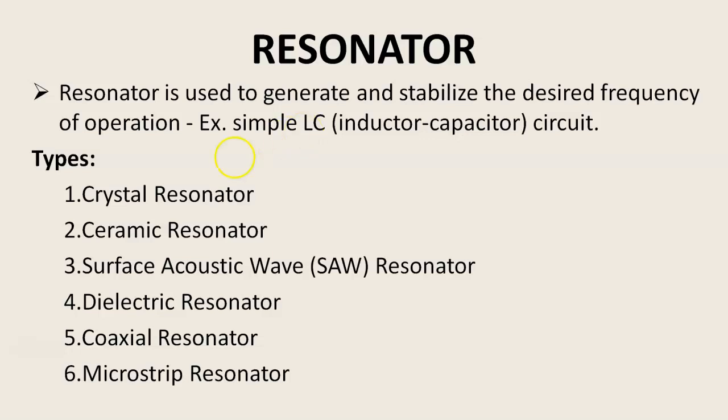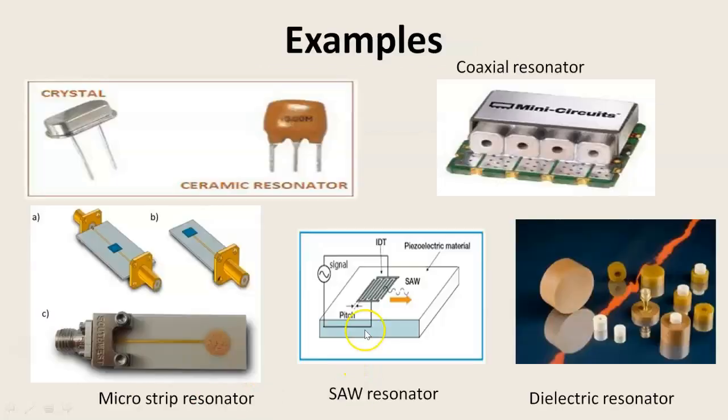There are many types of resonators available. One is crystal resonator, ceramic resonator, surface acoustic wave resonator, dielectric resonator, coaxial resonator and microstrip resonator. These are some of the common types of examples of resonators used in RF transceivers.